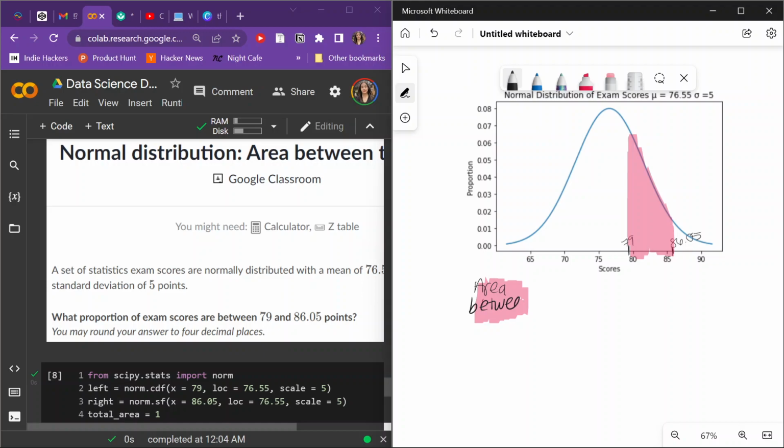points, I have to add the area to the left of 79, which I'm going to give another color like yellow. So that's all of this over here. Right, so I have to add that.